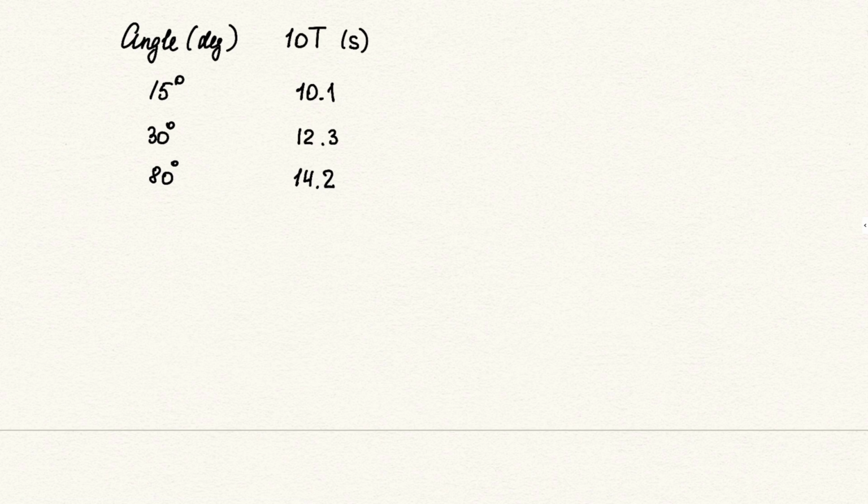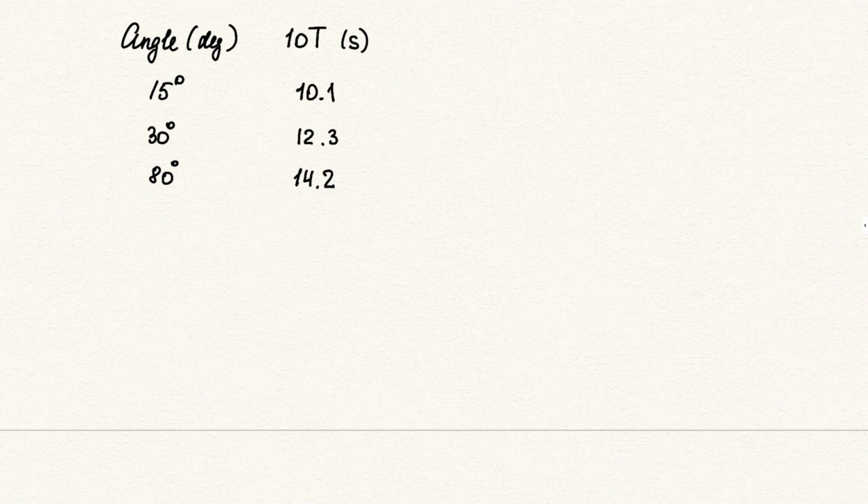So you can see actually that the number for 10 periods increases as the angle increases. Even though from the equation which we discussed above, you wouldn't expect any dependence of the period on the initial angle.